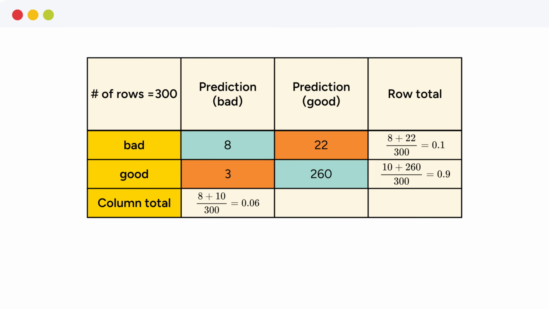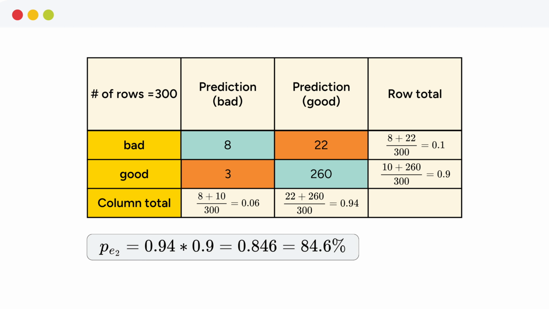In the bottom row total value, you see the a priori probability of the class good, 90% in our case. In the right column total value, you see the predicted probability of the class good, 94%. Multiplying these probabilities, you can see an almost 85% probability of correctly predicting the class good by random guess.